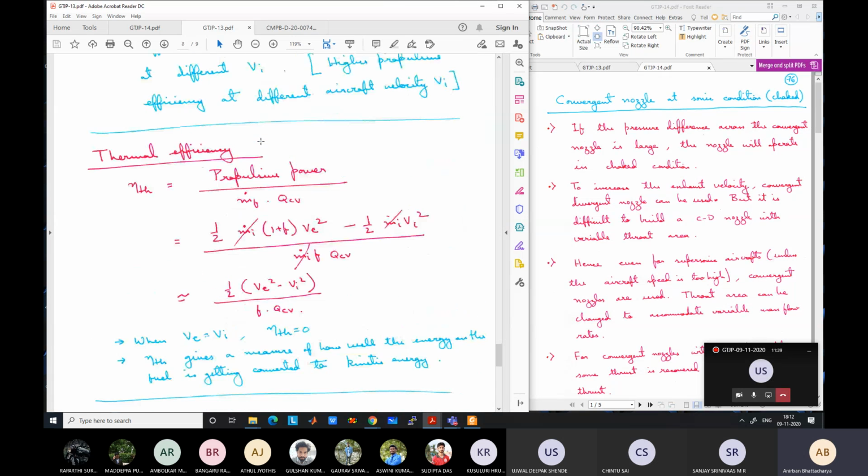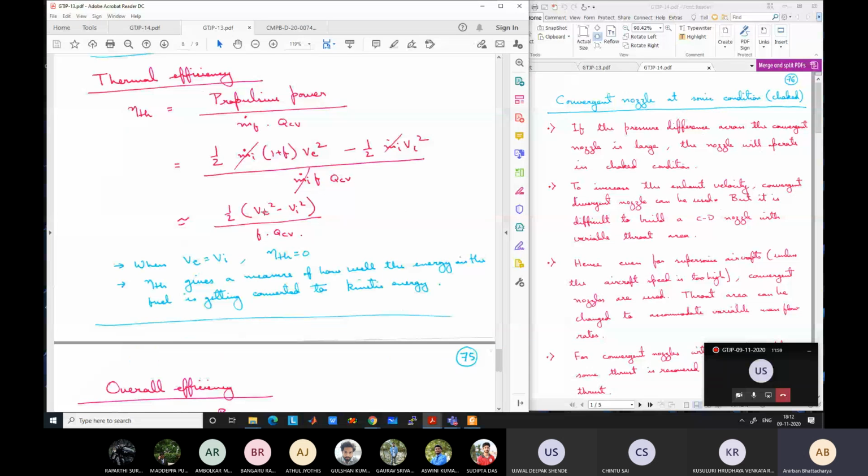So these two are different. First the energy of the fuel is converted to kinetic energy, taken care of by thermal efficiency, and then some part of that kinetic energy is converted to thrust power, taken care of by the propulsive efficiency.